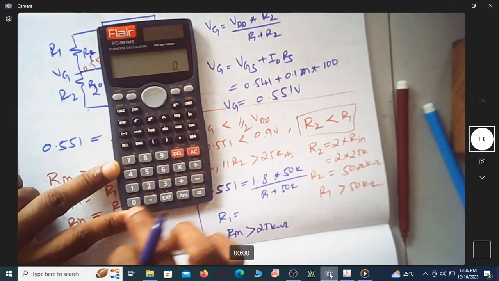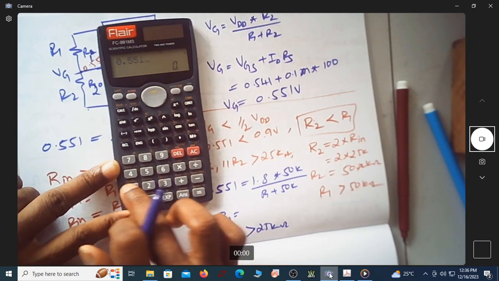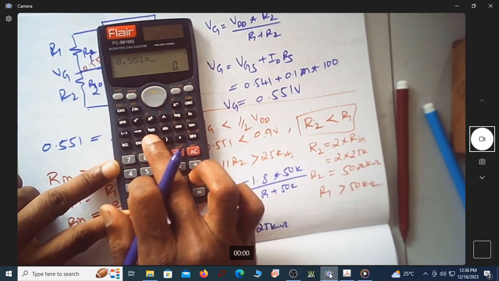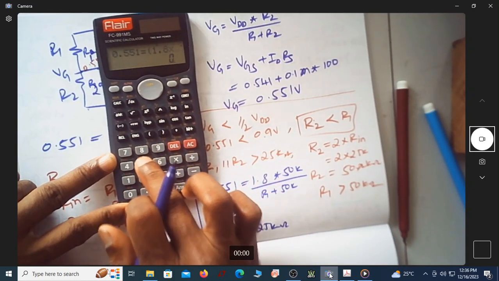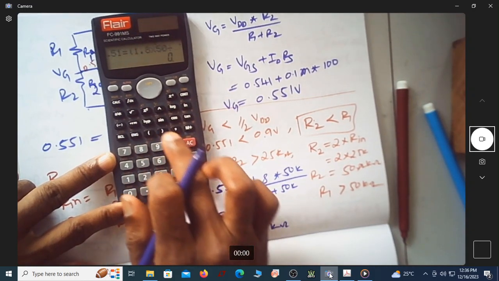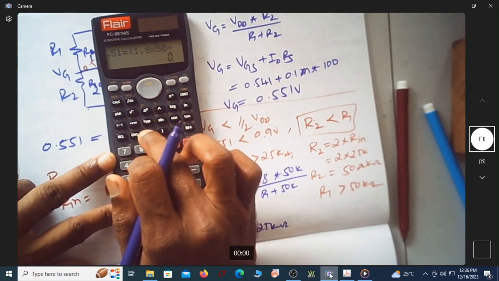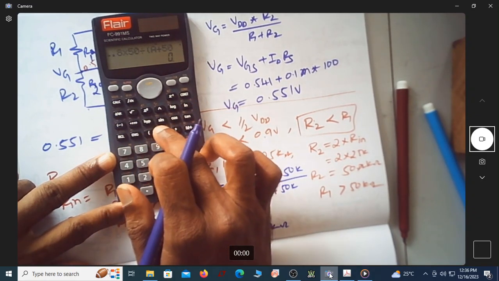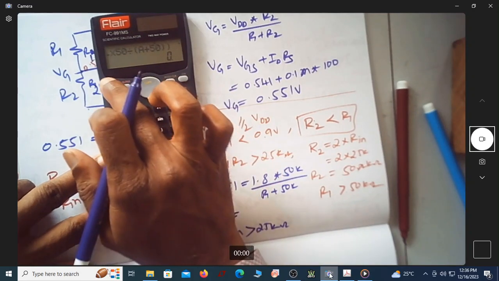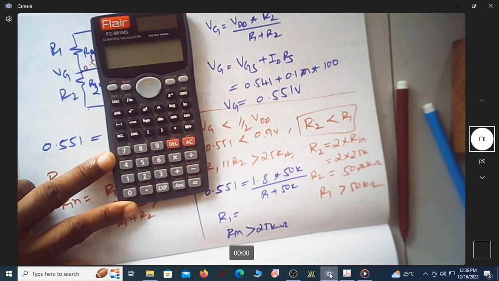Let me just redo it again. 0.551 alpha equals, open the parenthesis, 1.8 into 50 divided by, open the parenthesis, alpha A plus 50, close the parenthesis, close again, shift calculate, shift calculate.